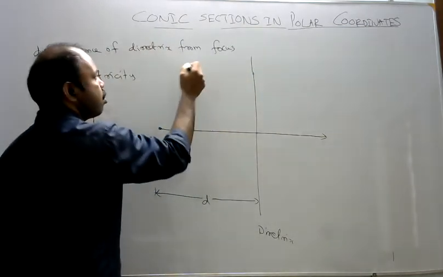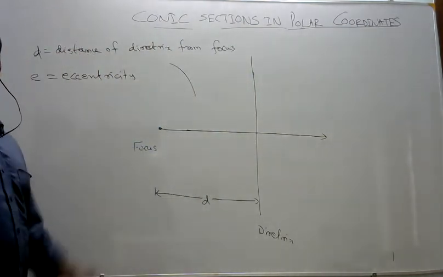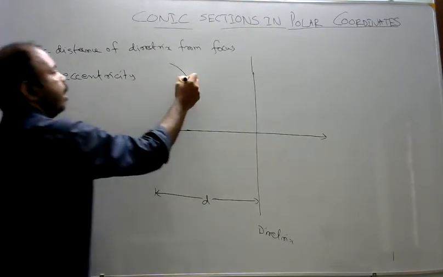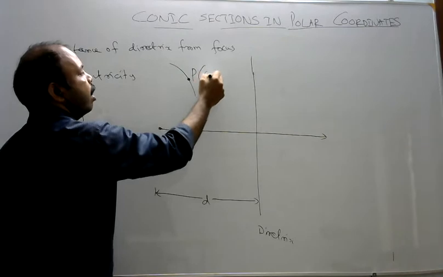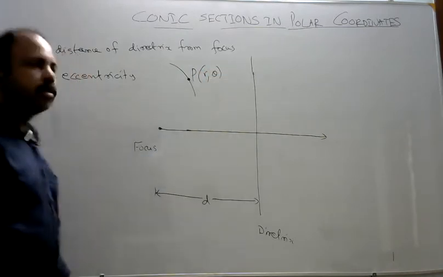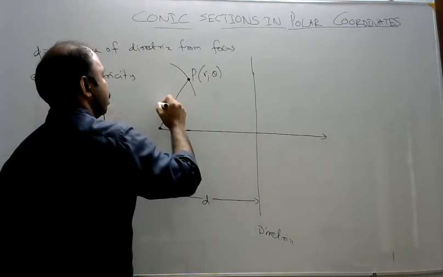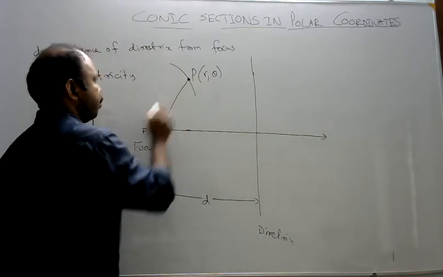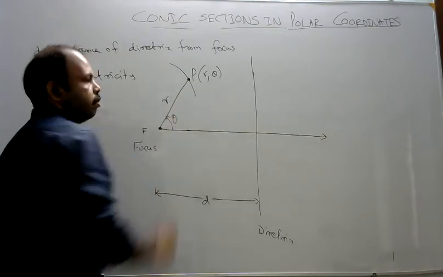Now, suppose this is a part of the conic. It can be either an ellipse, a hyperbola or a parabola. Now we take a point P, and suppose its coordinates are (r, theta). That means PF is r and this angle is theta.